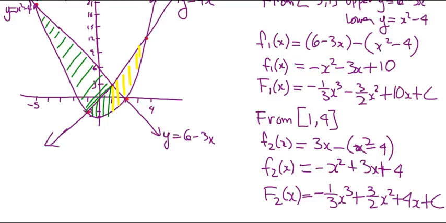So using little f1 for upper minus lower, getting a simplified expression, and then finding the antiderivative, capital F1, for the green region here. And then for the yellow region from 1 to 4, using little f2, upper function is 3x here. Lower function gives us negative x squared plus 3x plus 4. And again, the antiderivative. Now you just get to plug it in and work it out.